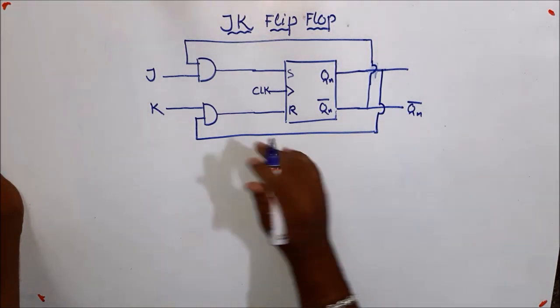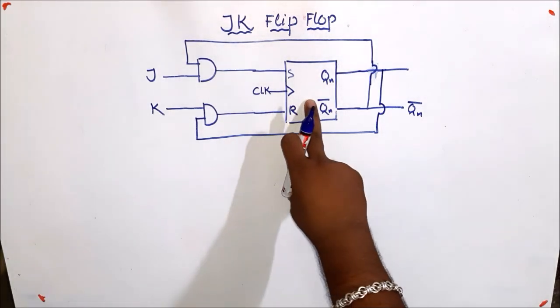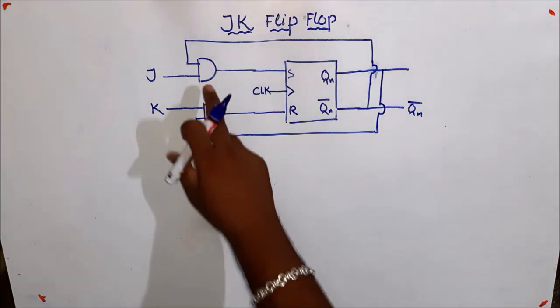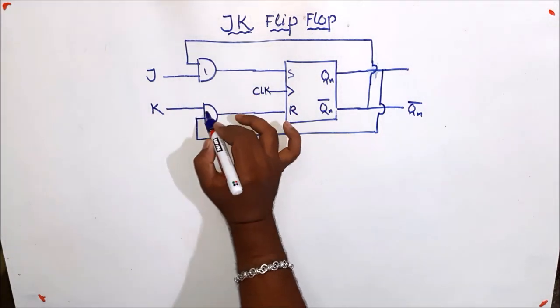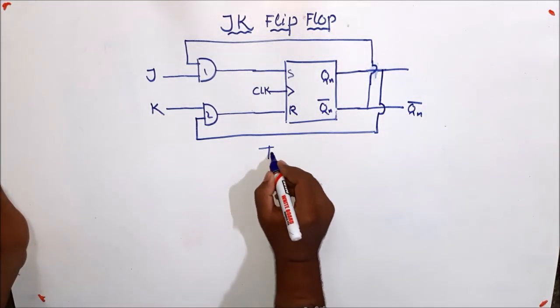Okay, so this completes the JK flip-flop. That means by using SR flip-flop and two AND gates, 1 and 2, we design the JK flip-flop. We'll start the truth table.